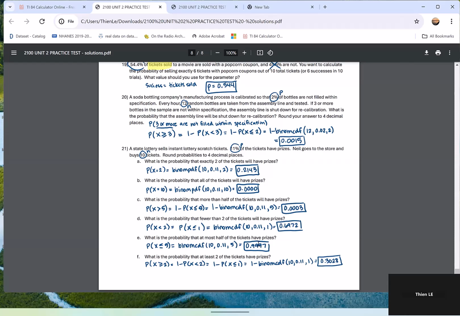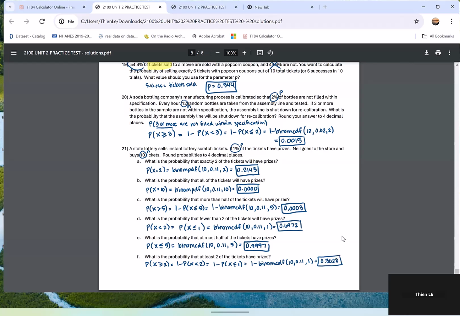So just 1 subtract here, you get this here, right? The complement part. What about at least 2 tickets have a prize? At least 2, which means greater than or equal to 2. And again here, you do the complement, 1 minus x less than 2, right? Which is 1 and below. And it gives you this number, okay?